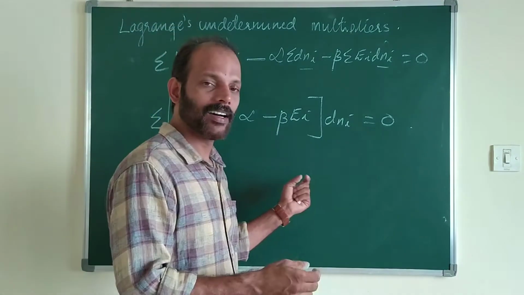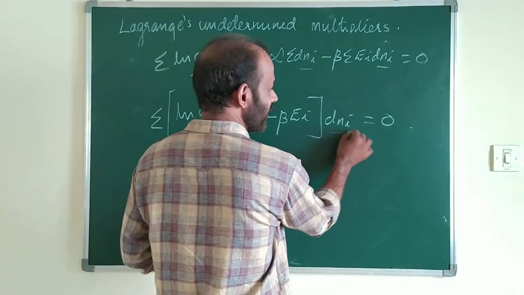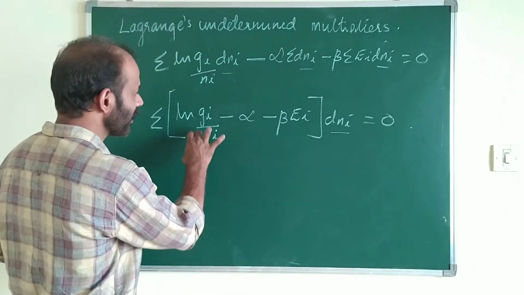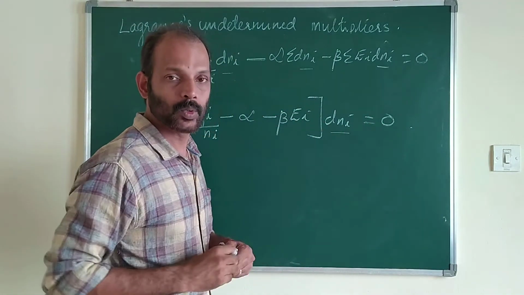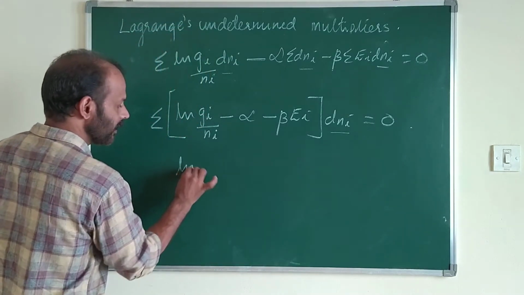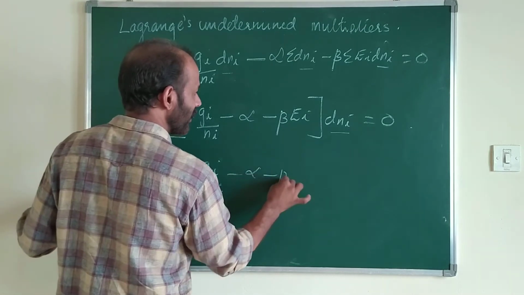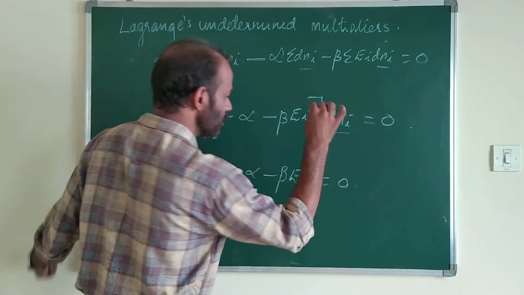That is sigma Ni never changes. So dNi varies. That means dNi will never be 0. So we have to equate the coefficient of this term equal to 0. That is ln Gi divided by Ni minus alpha minus beta Ei is equal to 0.